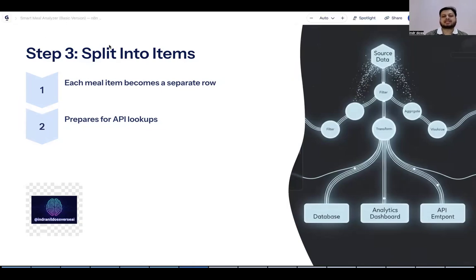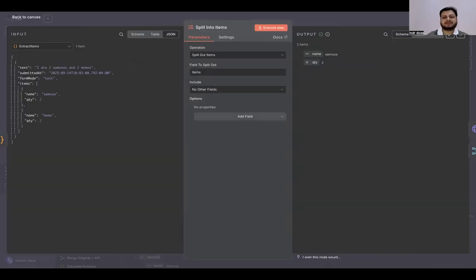So that is split into items, the third step. I hope it's clear. You see this is the split into items, which splits out as items, and you see the output here very easily.